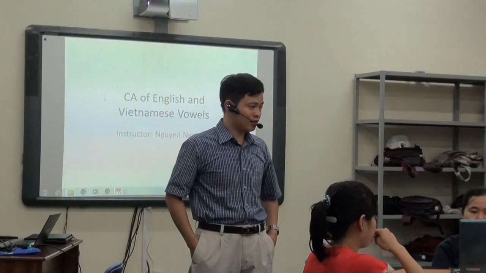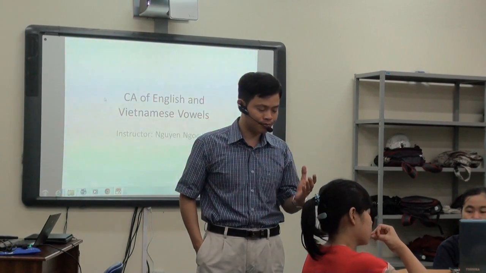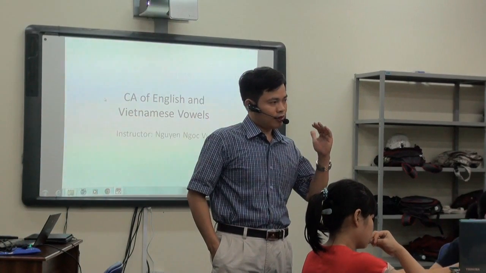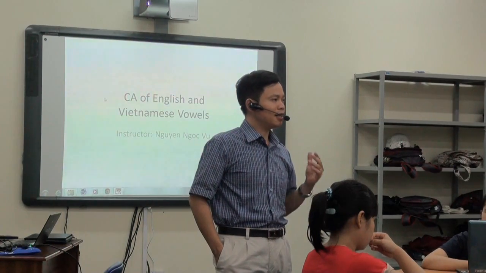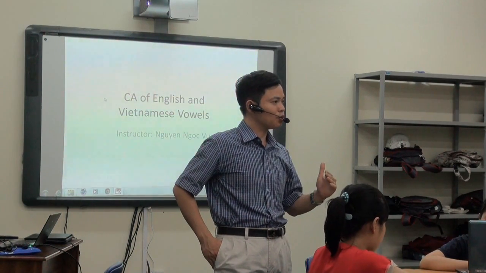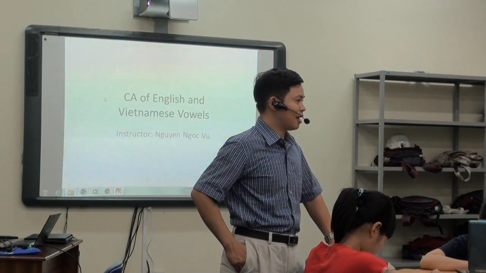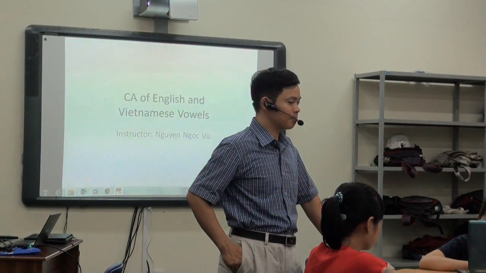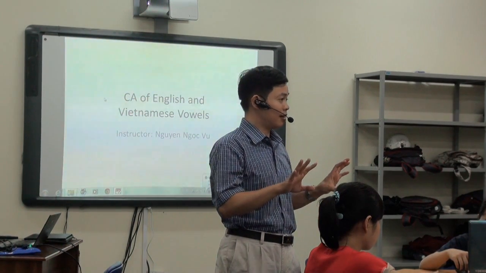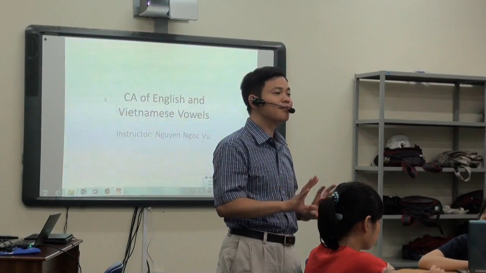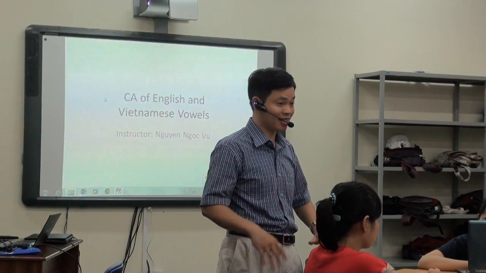In the previous sessions, you have already known that when we conduct a contrastive analysis work, we need to go through several steps. The first important step is to describe the two systems carefully, meticulously.